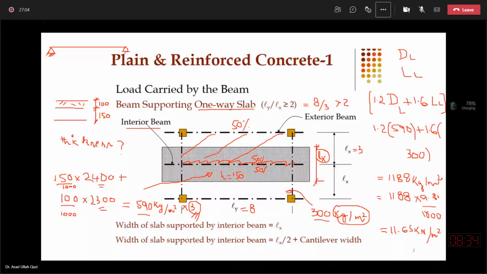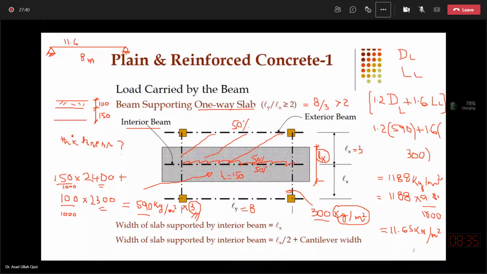Just if I assume that end conditions are still simply supported and I am not having any negative moment at the end of the beam, or I am assuming at the moment these ends are free to rotate, then I can say that 8 meter is the span of this beam and this beam has the UDL on it equal to 11.65 into 3.